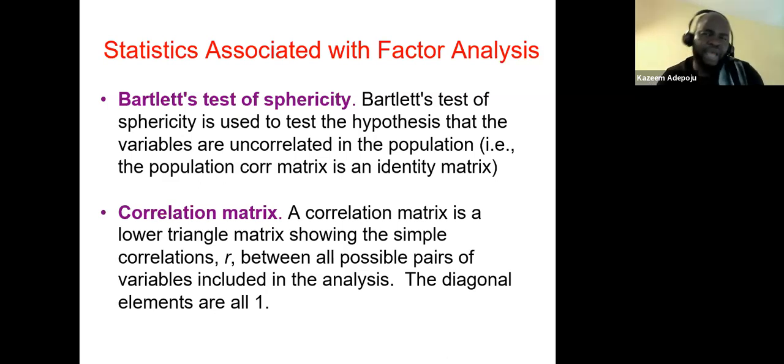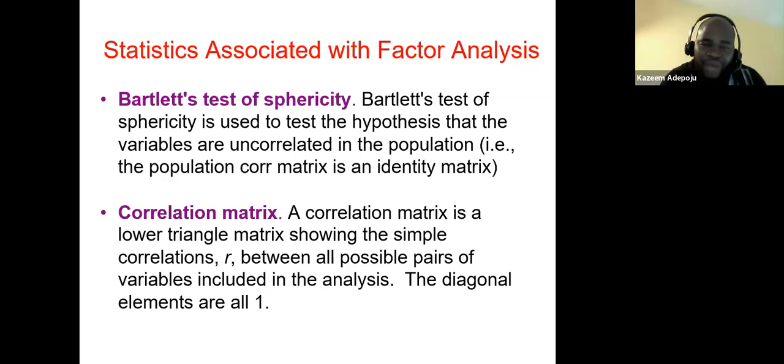And that is the reason why we use the Bartlett test, a test on the correlation matrix, to see whether the correlation matrix that we have is more or less an identity matrix. It may not be exactly an identity matrix, but what we are trying to do is test whether there's a significant difference between the correlation matrix that we have and the identity matrix.